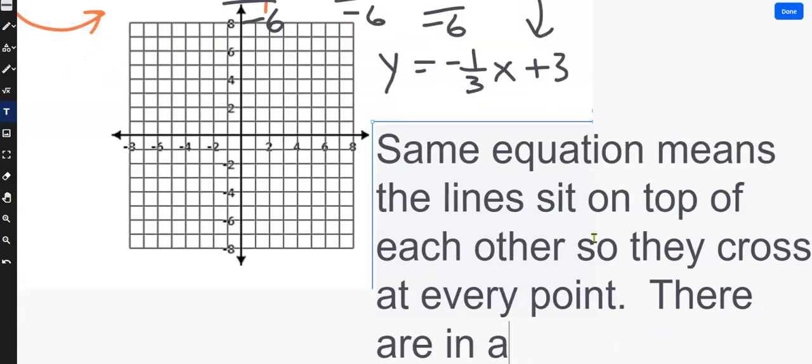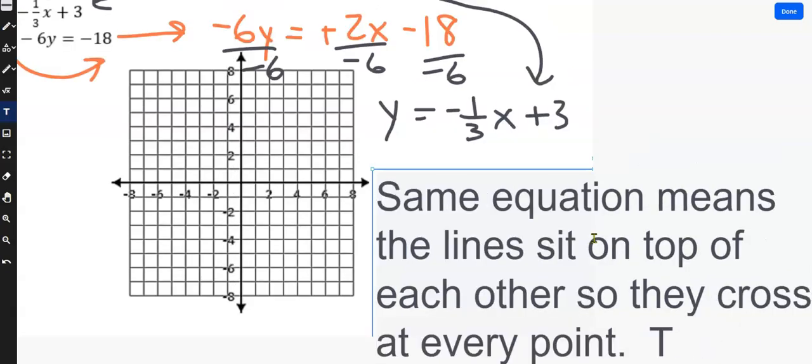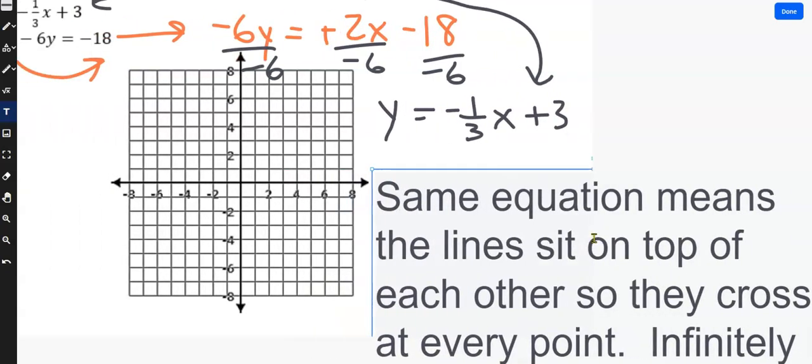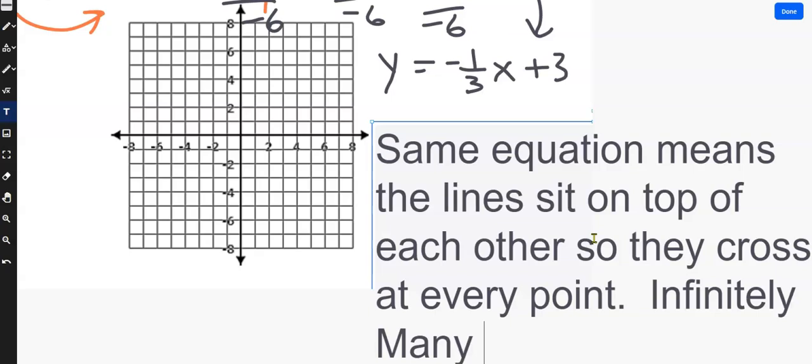There are an infinite number of solutions. So we say things like infinitely many solutions.